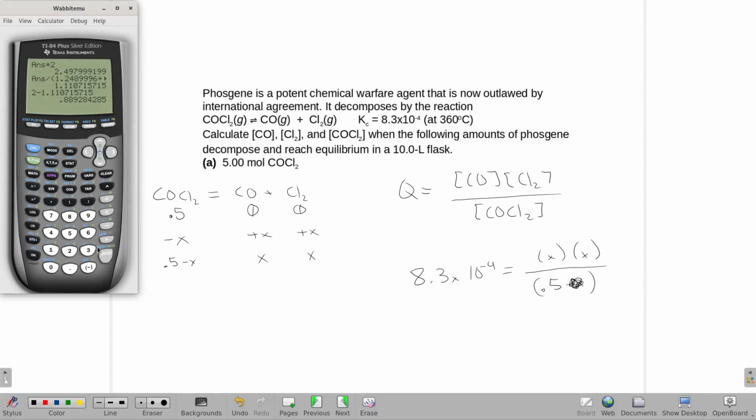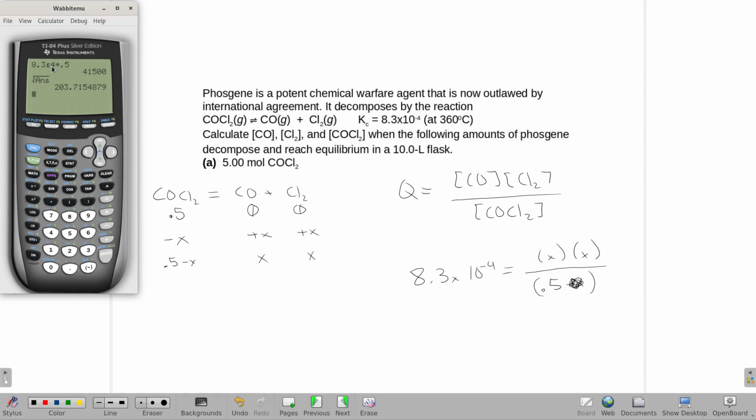So if it stays mostly 0.5, I could take 8.3 times 10 to the negative 4th and just multiply that by 0.5. And then I can get my x by just taking the square root of this answer. Alright. What'd I do?